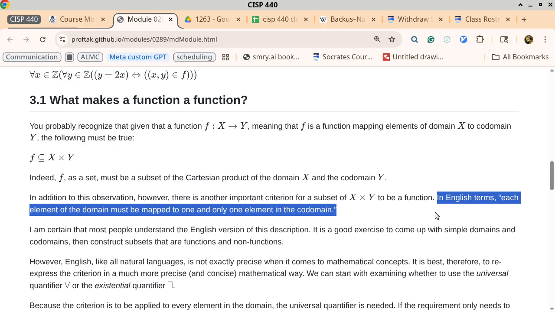What is the codomain? The codomain is where we are mapping to, which is Y in this case. The other important term is: what does one and only one mean? Exactly one. It means exactly one, cannot be zero, cannot be two, it has to be one.